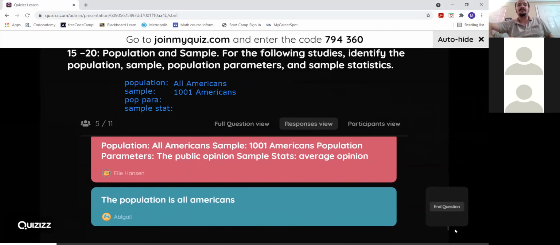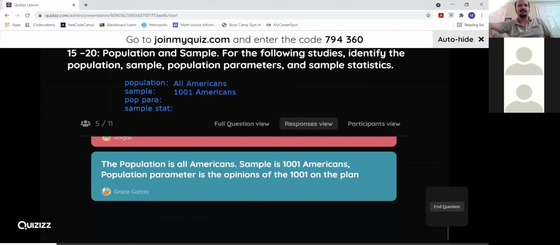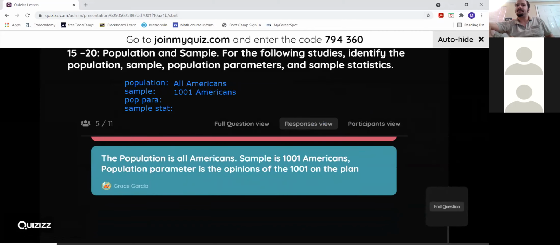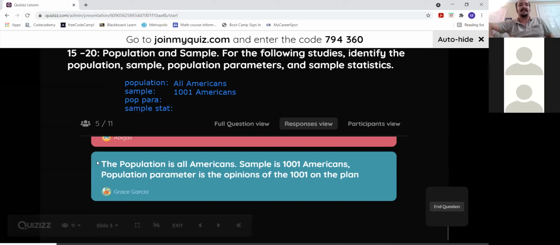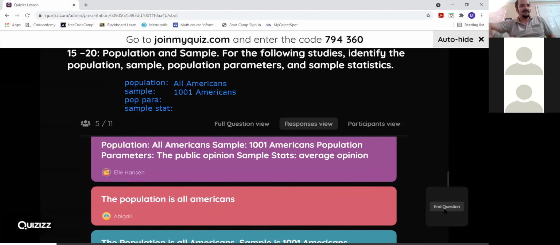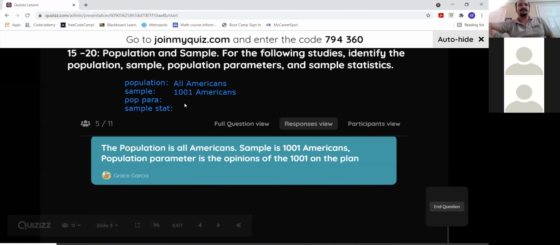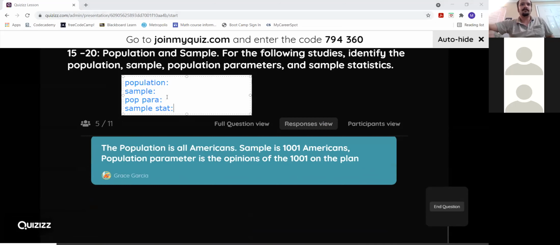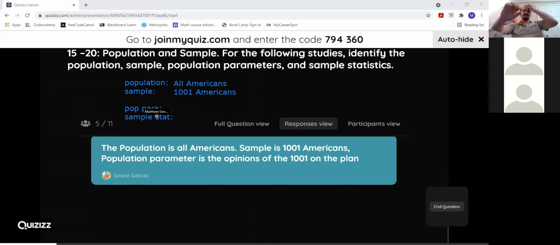Population parameter is the public. That's not the population parameter. That's the sample statistic, the opinion of the 1,001. You told me the sample statistic. You told me population parameter, but that's your sample statistic.